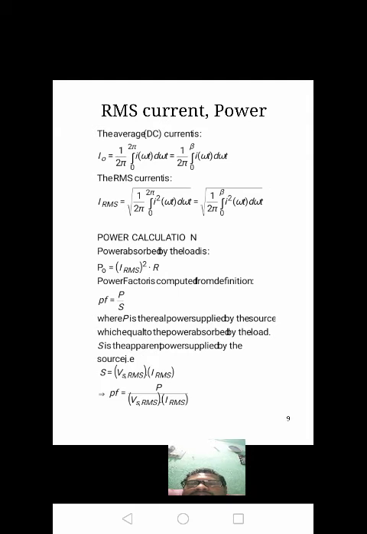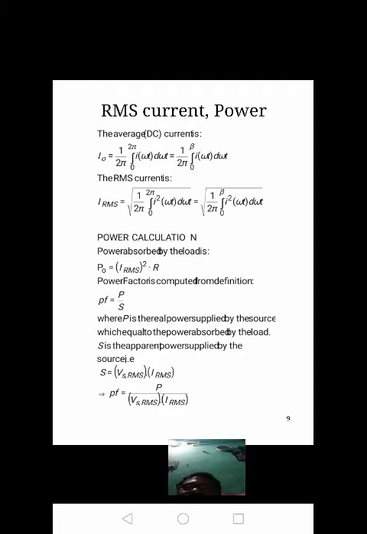S is the apparent power supplied by the source, that is S is equal to Vs RMS into IRMS. Power factor is equal to P divided by Vs RMS into IRMS.